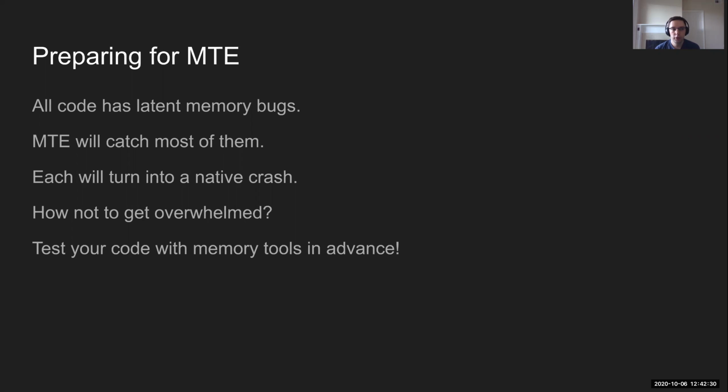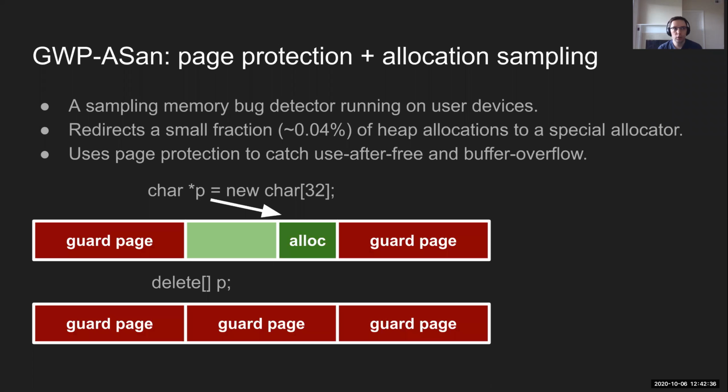We have tools that you can use right now to test your code for memory bugs. And the first of those tools we call GWP-ASan. It is something that's enabled in Android 11. It runs on user devices. It uses allocation sampling and page protection mechanism.